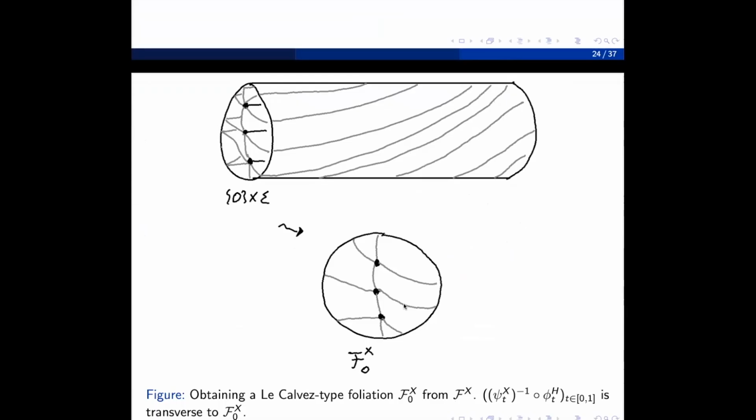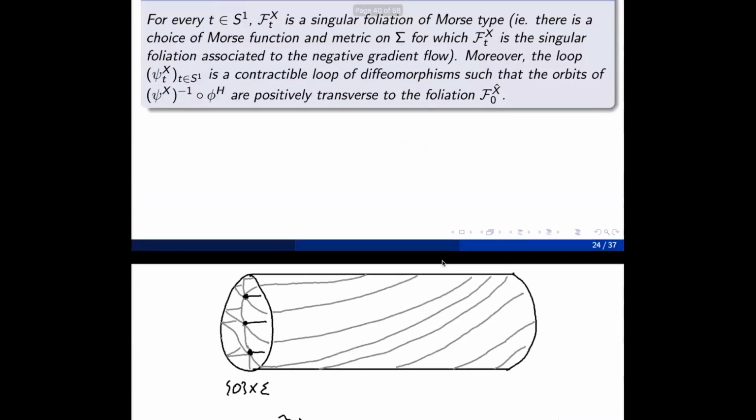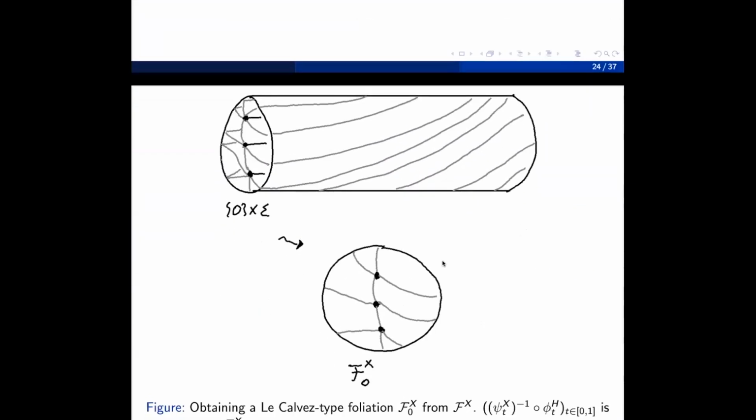When you look at the slice over zero, you get this singular foliation of your surface. If you compose the isotopy with the inverse of the sliding, so you run your isotopy and then slide back along these circles, this gives you a new isotopy, and the new isotopy has the same time one map because this is a loop of diffeomorphisms.